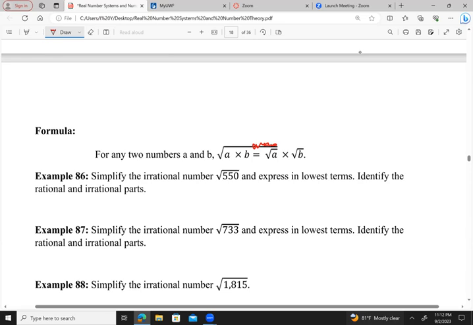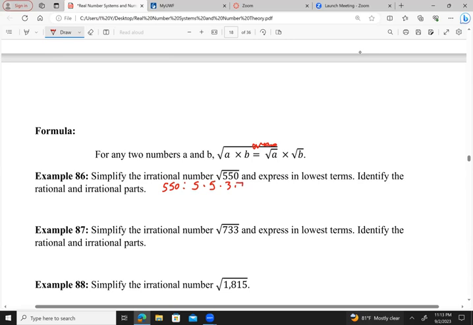So simplify the irrational number square root of 550. Express it in lowest terms. Identify the rational and irrational parts. So let's see. Let's look at 550. Well, that's 5 times 110, which is 5 times 22, which is 2 times 11.